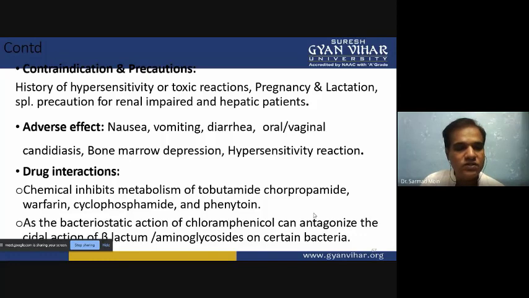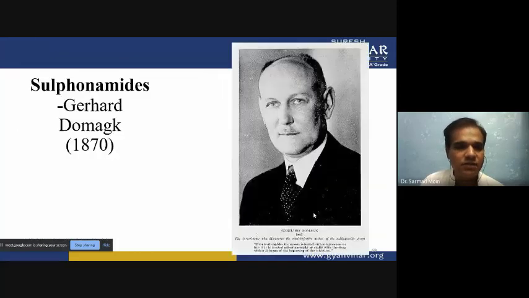As the bacteriostatic action of chloramphenicol can antagonize the cidal action of beta-lactams and aminoglycosides on certain bacteria, on some bacteria there will be a negative effect when we give chloramphenicol in combination with beta-lactam antibiotics and aminoglycosides.